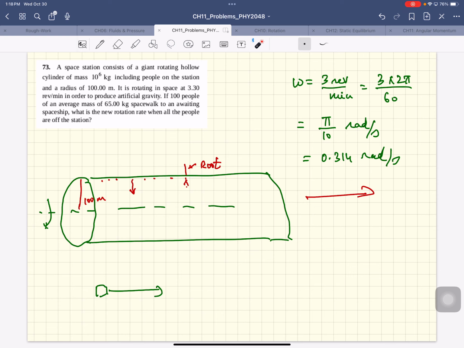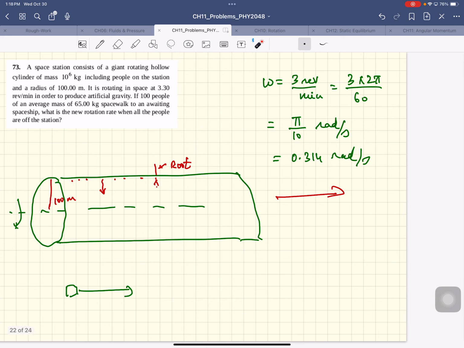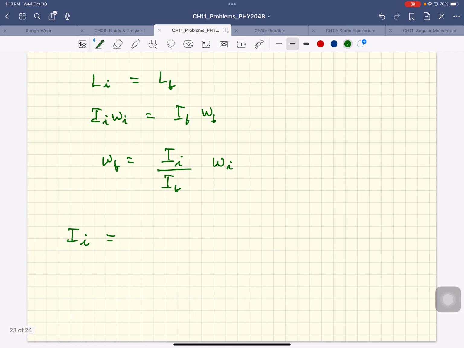Now this is a shell, like a ring, so the moment of inertia is m r squared. All the masses are at distance r. So the initial moment of inertia is the mass of the space station times r squared, plus the mass of the people, who are also at r.